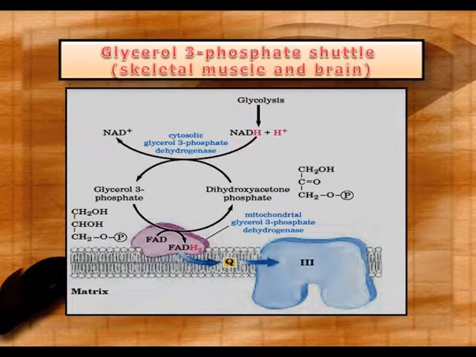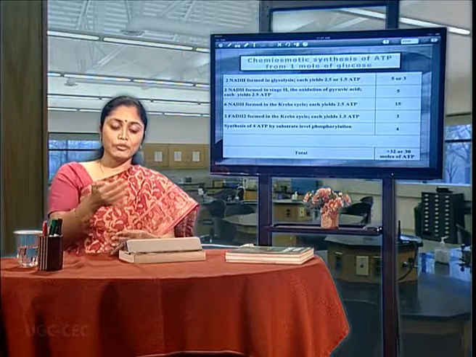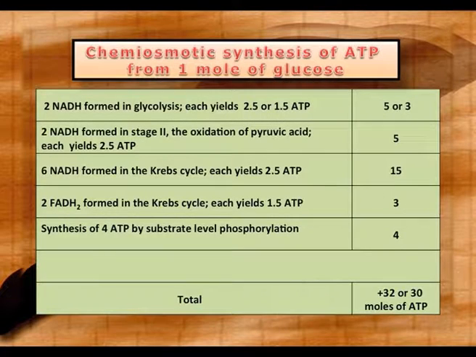So, 1.5 molecules of ATP are generated for the NADH molecules that come to the electron transport chain via this shuttle. So, if we look into the total ATP generation, then from 1 mole of glucose, about 32 or 30 moles of ATP are generated depending on the tissue, that means depending on the shuttle system the cells have used.